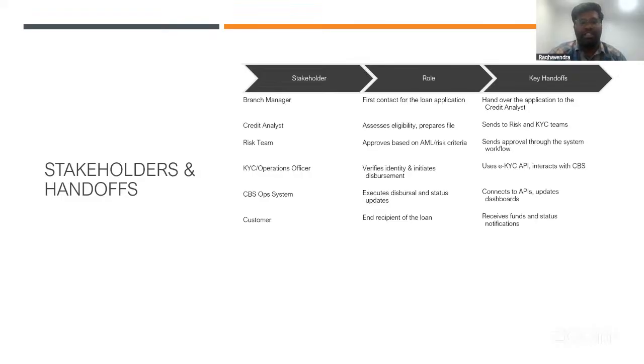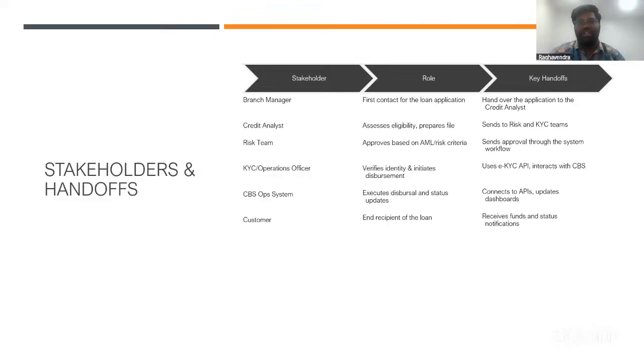If there are any issues, the system is the stakeholder which takes responsibility, like logging the application details, handling the documentation, processing the stage by stage operations and everything, including connecting to APIs and updating the dashboards. So the dashboard we have created is a real-time one. It's going to update every 60 seconds.